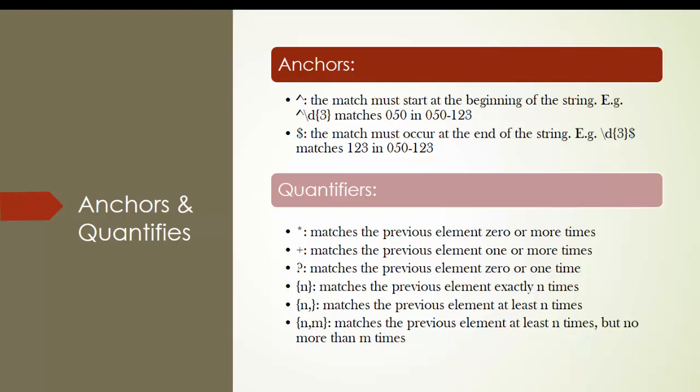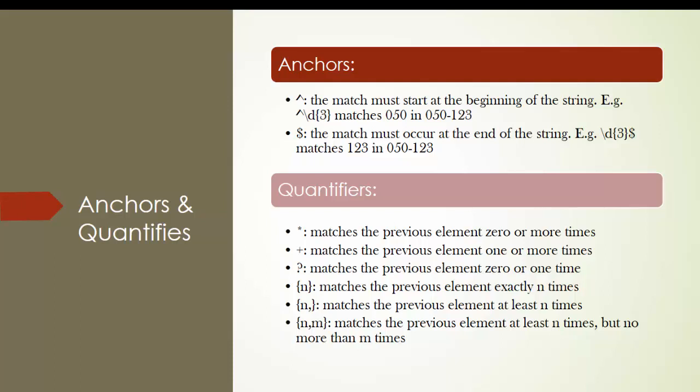So for example, if we start with caret and then \d and 3, this means we are looking for a string that starts with digits, and in particular we are looking for 3 digits. So for example, this would match the 050 in this string. If you want to check for matches at the end of your string, then you would use the $ sign. So for example, this would match the numbers 1, 2, 3 in the string 050-123.